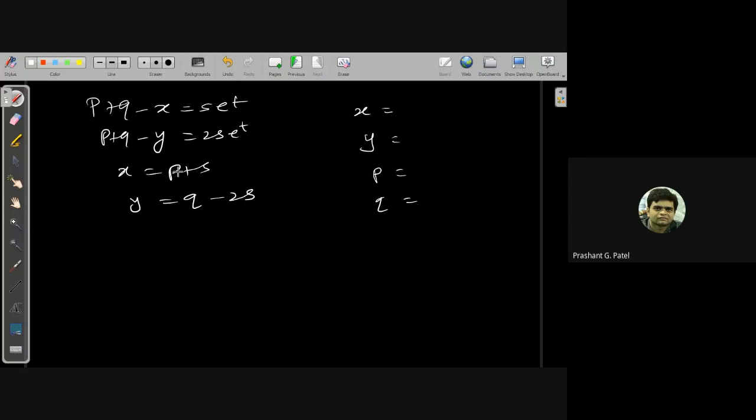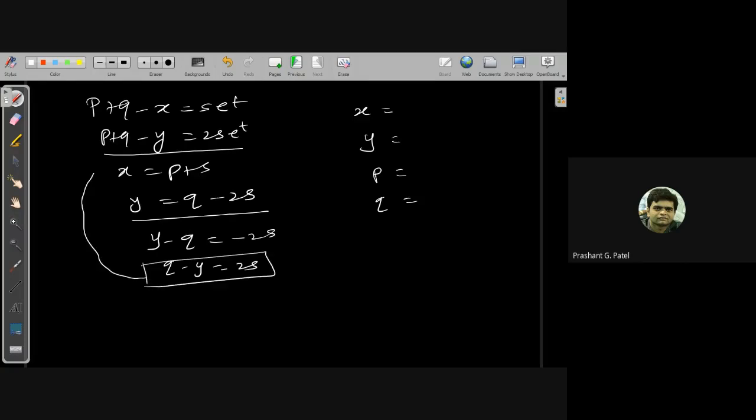So we can use these two equations. From this equation we have y − q = −2s, so q − y = 2s.